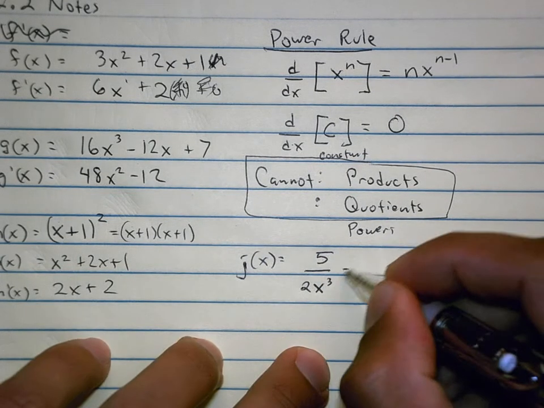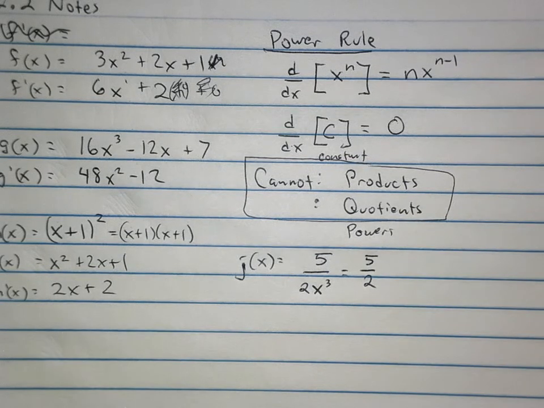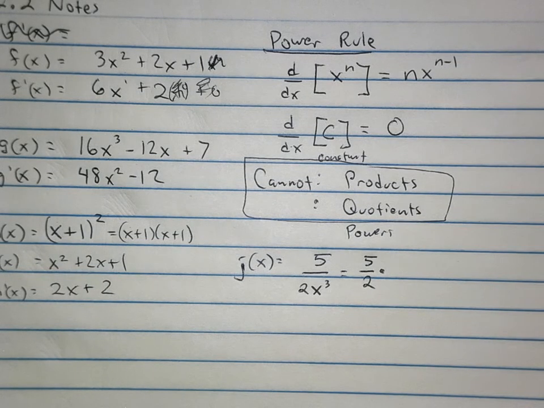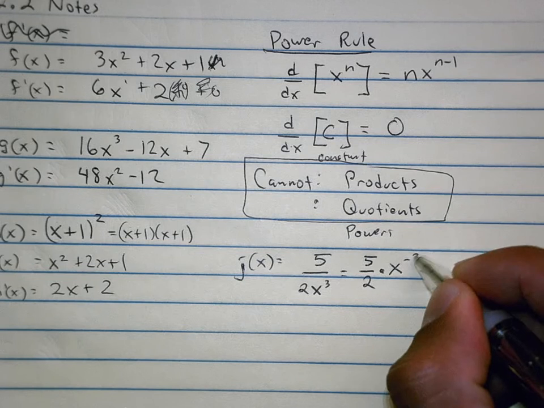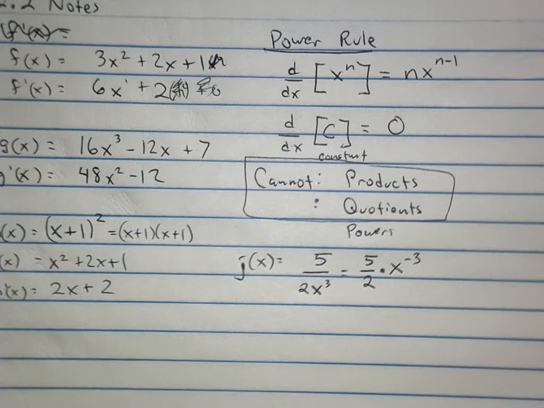So I'm going to rewrite this as 5 halves times... Can I move that x to the third up? Is it the same thing as 5 halves times x to the negative third? Yeah.